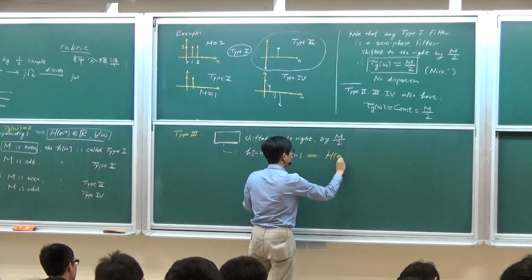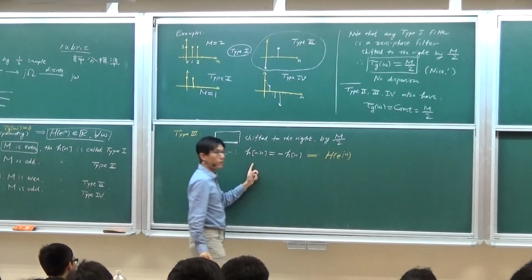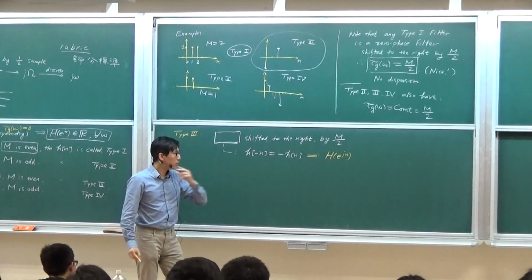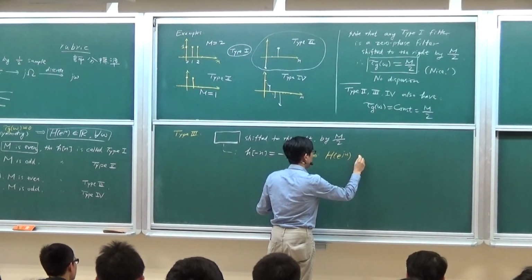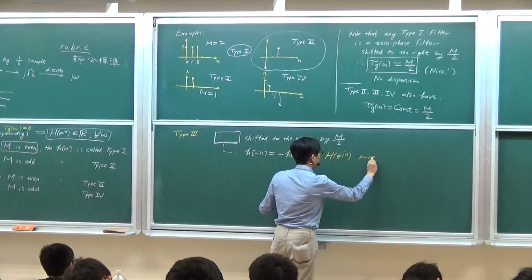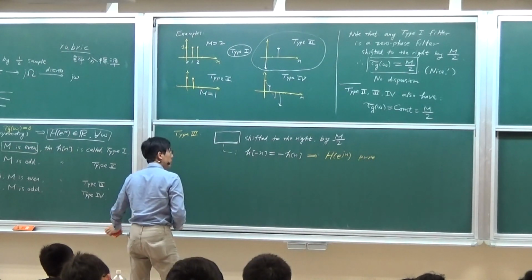So it turns out that when we have anti-symmetry like this in the time domain, in the frequency domain this is going to be purely imaginary. The real part is 0.